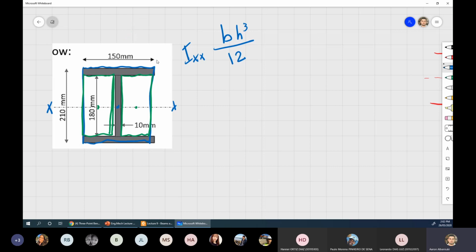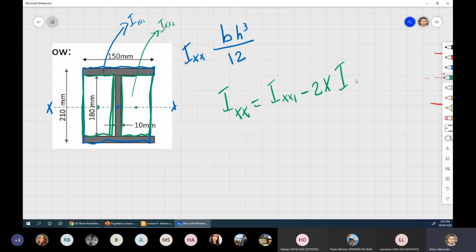The yellow one will give me the large value, let's call it Ixx1, and each one of these two will give me Ixx2. So my value of Ixx equals Ixx1 minus 2 multiplied by Ixx2. Each one of those is easily calculated. Each one is bh cubed on 12 for each rectangle.